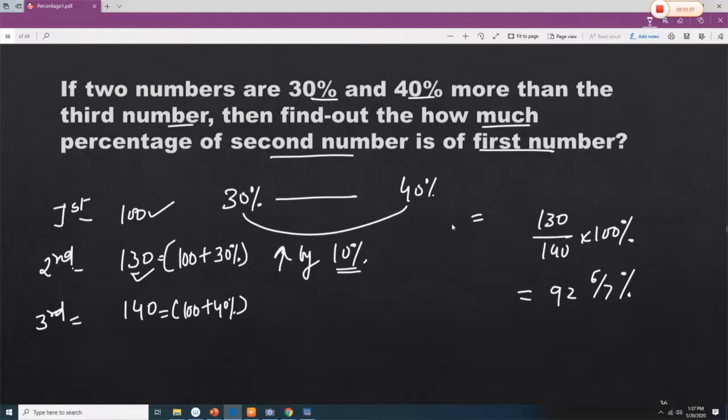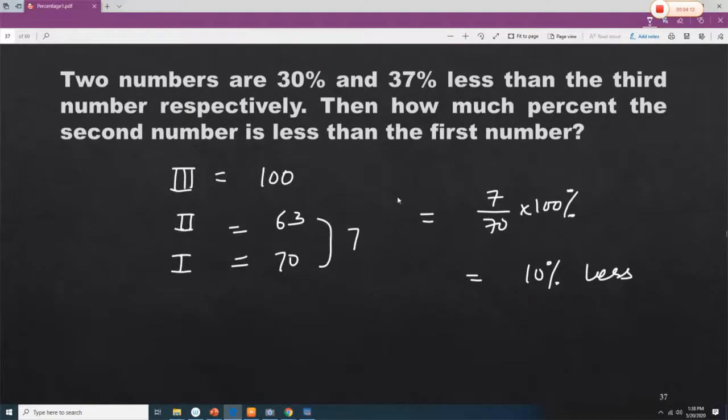With respect to the first number, 100 times 100%, it is 30%.